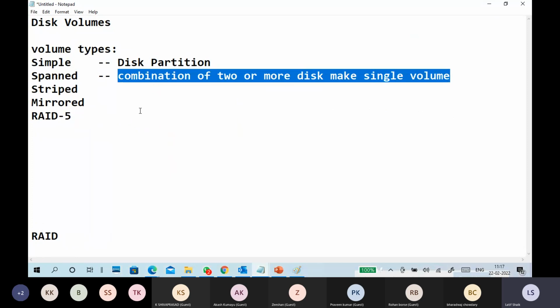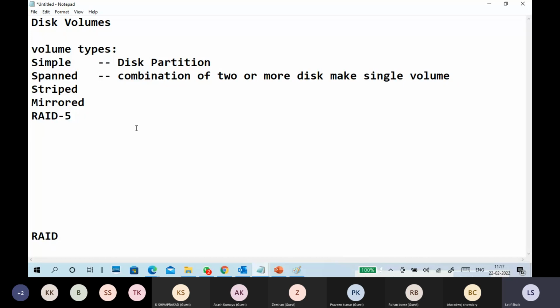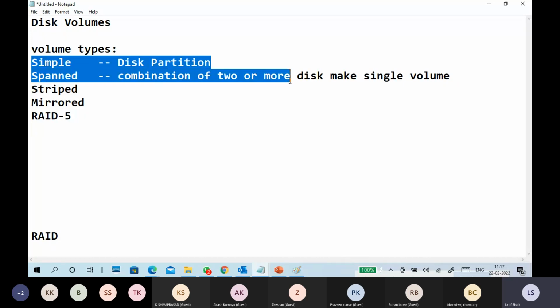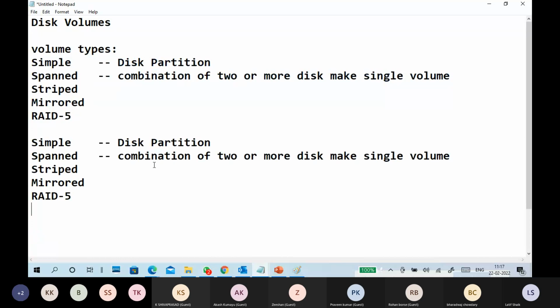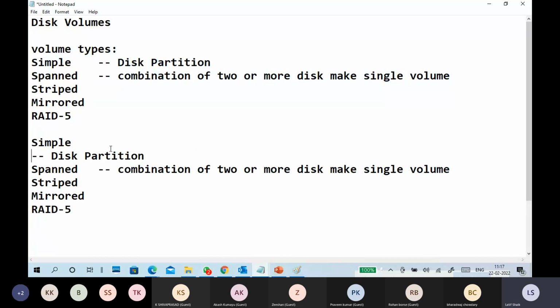The size of the disks does not matter. Better I will write separately. Simple volume means creating disk partitions.